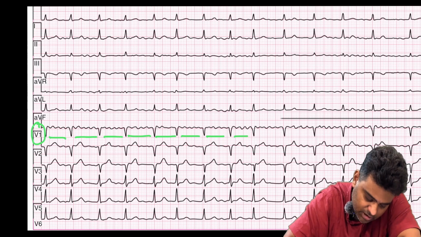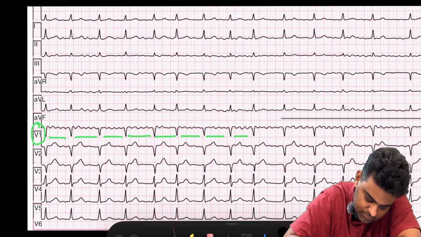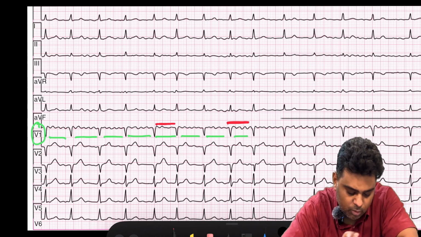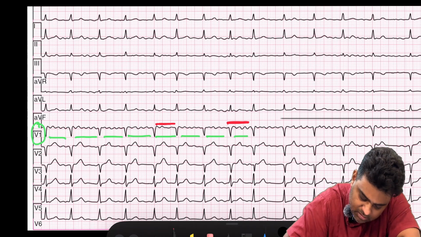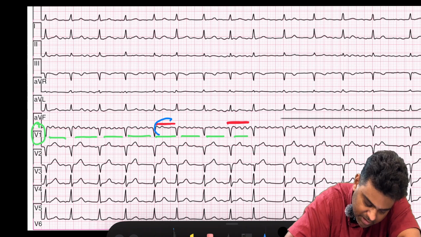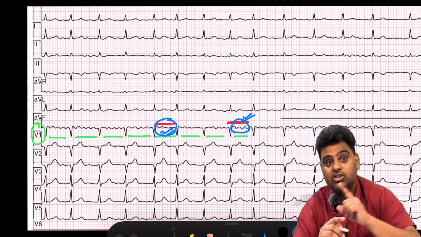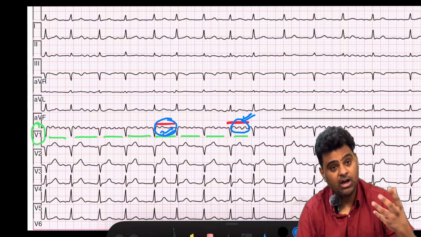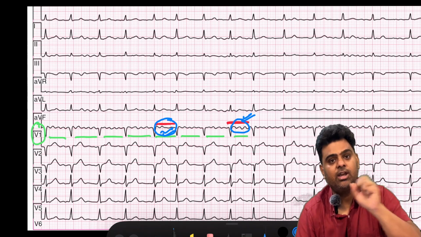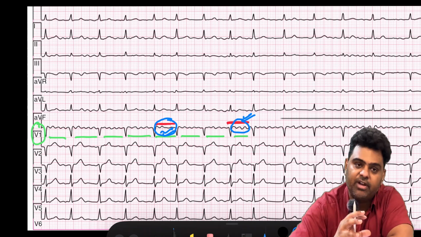For example, if you take this, this and this, the RR intervals are more or less constant. And if you see the pattern, the pattern is not the same. Here the P waves are seen differently, and here the P waves are different, as compared to the previous ECG in atrial flutter, where you were seeing the same pattern. So this is a very important technique.